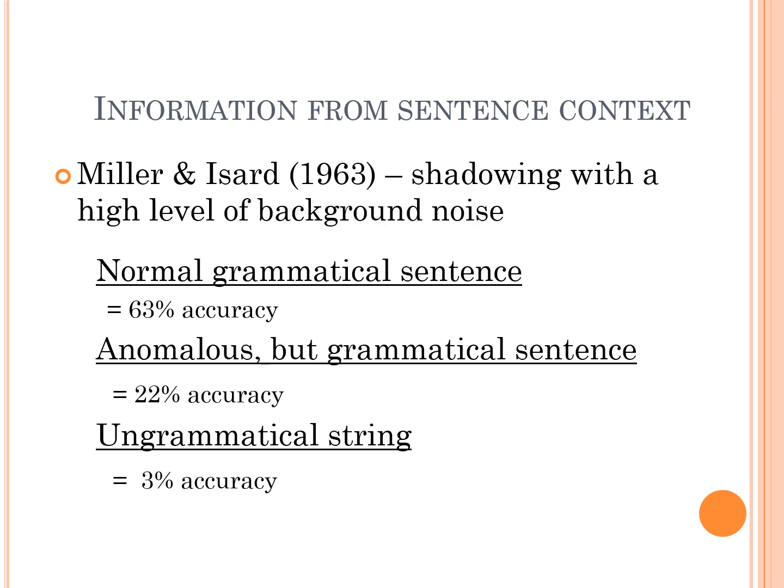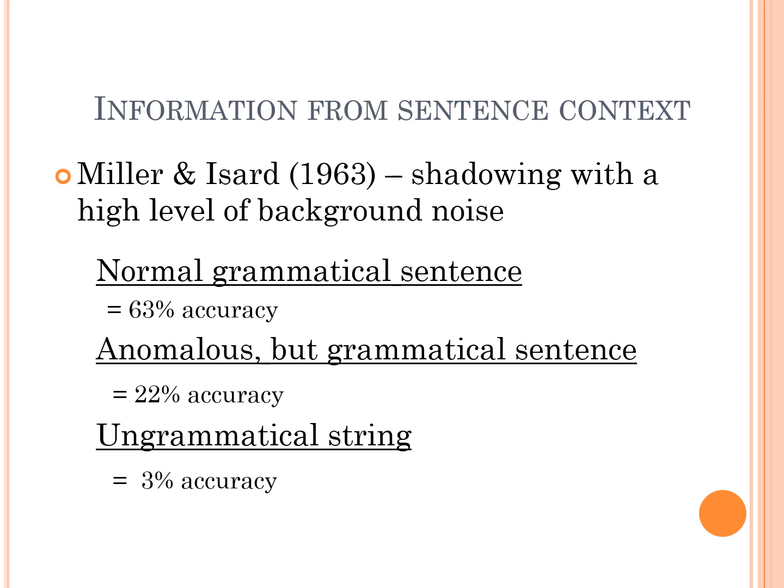So shadowing with a high level of background noise. Am I hearing those phonemes? Well, in normal grammatical sentences, I'm still at 63% accuracy. So we're using sentence context, and we're going to see it's both the semantics and the structure and grammar that we're using, all of that information, to help us recognize or hear these phonemes.